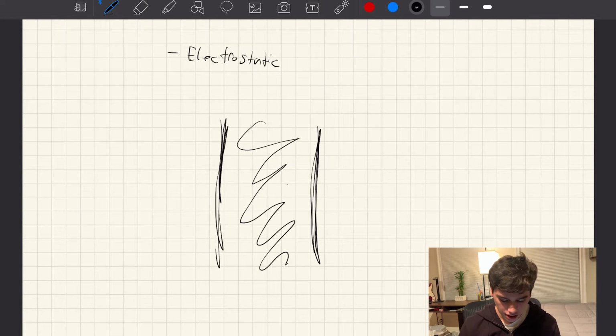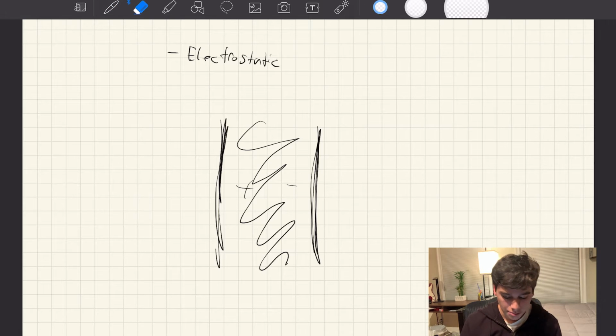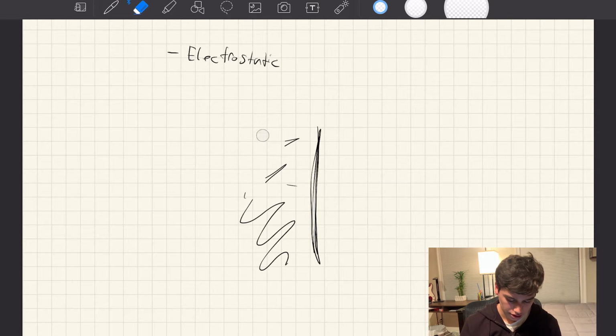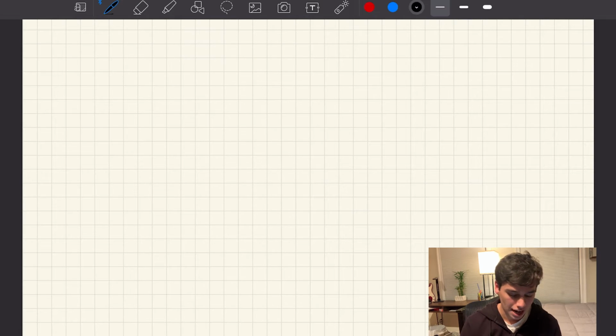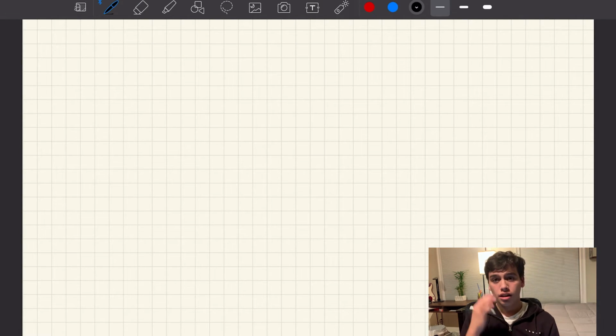There's not going to be any protons and electrons crossing. It's all going to stay on its side. They're separated, really. There's not going to be anything crossing, there are no chemical reactions occurring. So that's why it's electrostatic, and that's how almost all capacitors are. It's part of what makes a capacitor a capacitor.